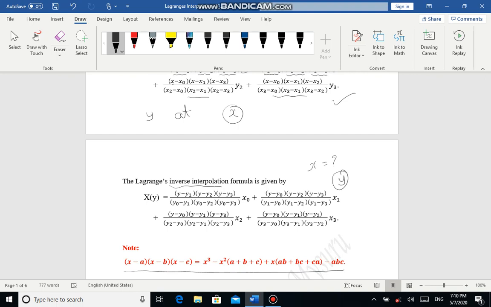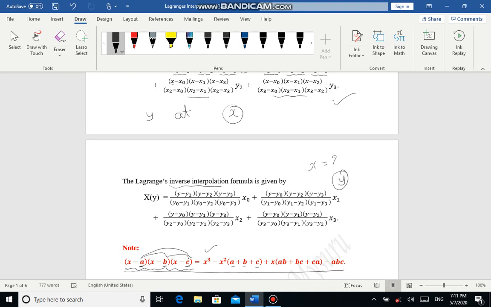So consider this. If you have a 3-factor x minus a into x minus b into x minus c, to multiply these 3 factors, remember this formula. First consider the cubic degree, x cube minus x square into, remember the coefficient of x square is always the sum of the constant terms, a plus b plus c. So minus x square into a plus b plus c plus x into a into b plus b into c and then a into c.